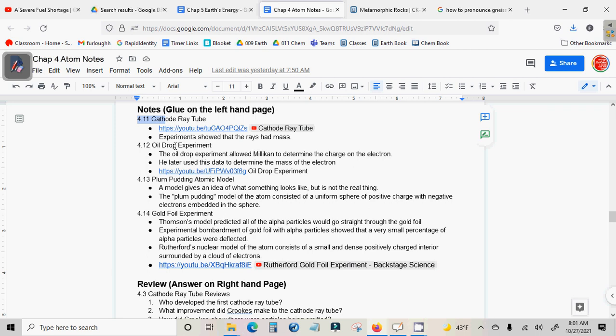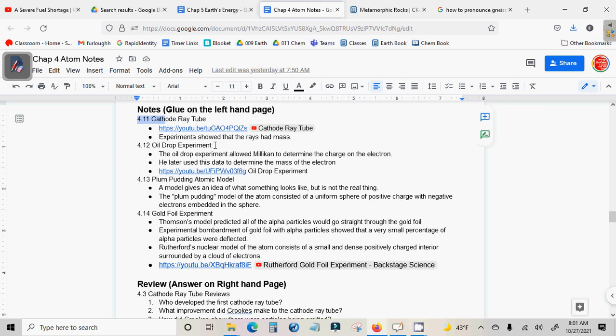And we talked about Millikan's oil drop experiment, and basically what the cathode rays were. J.J. Thomson and some other scientists figured out that there were particles that could be transferred through a vacuum, and they were called cathode rays.